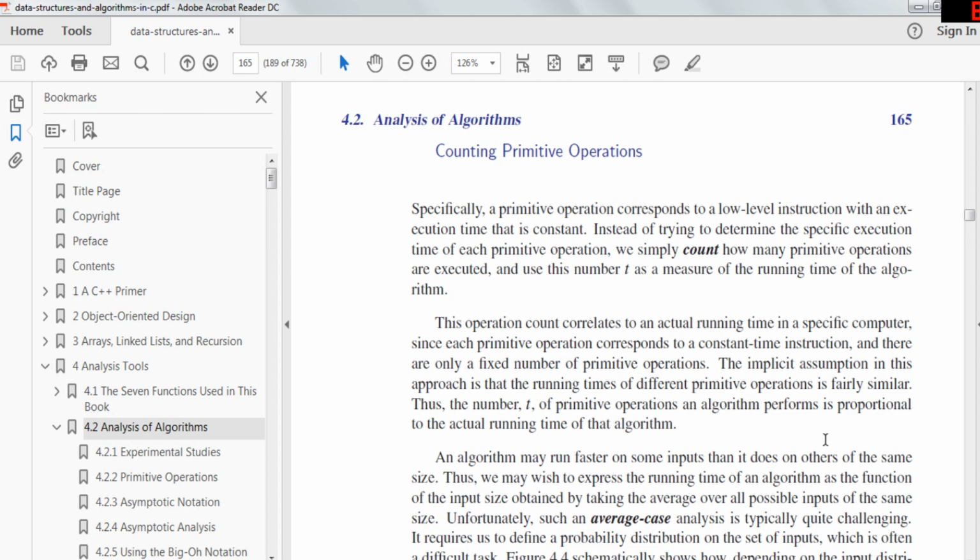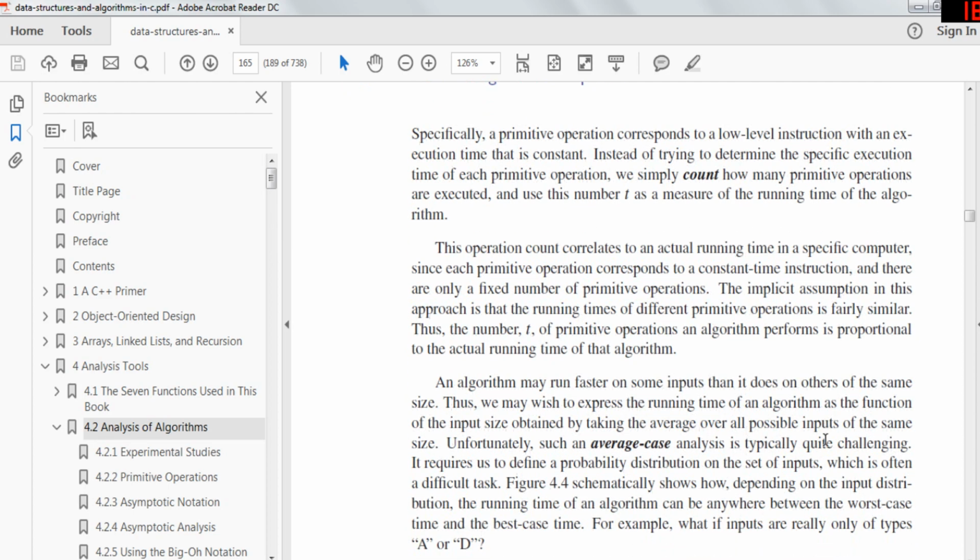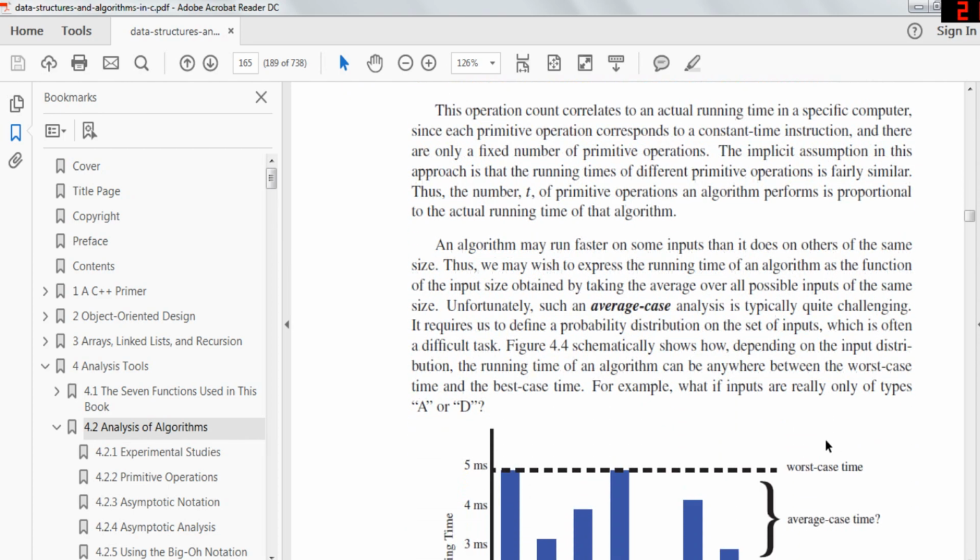Specifically, a primitive operation corresponds to a low-level instruction with an execution time that is constant. Instead of trying to determine the specific execution time of each primitive operation, you can simply count how many primitive operations are executed and use this number t as a measurement of the running time of the algorithm. This operation count correlates to an actual running time on a specific computer.